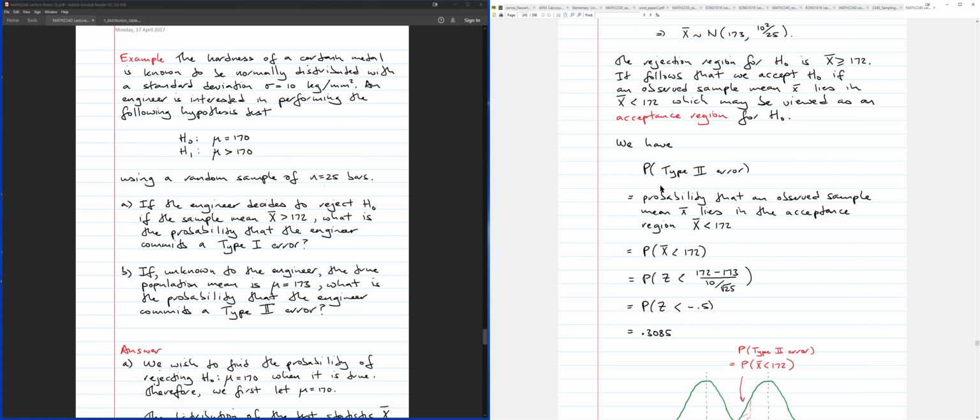The probability of a type 2 error is the probability of not rejecting H0, given that H0 is false.